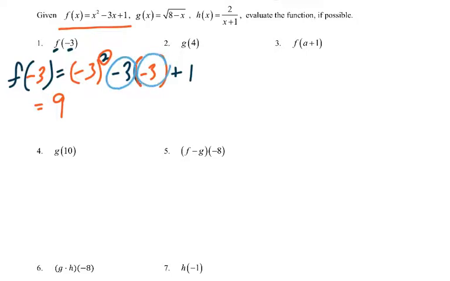I think of that as a -3 times a -3, which would give me a positive 9. So I end up getting plus 9 and then plus 1, which ends up being 19. So f of -3 equals 19. I'm going to wait a second and then erase so that we can move on to g of 4.